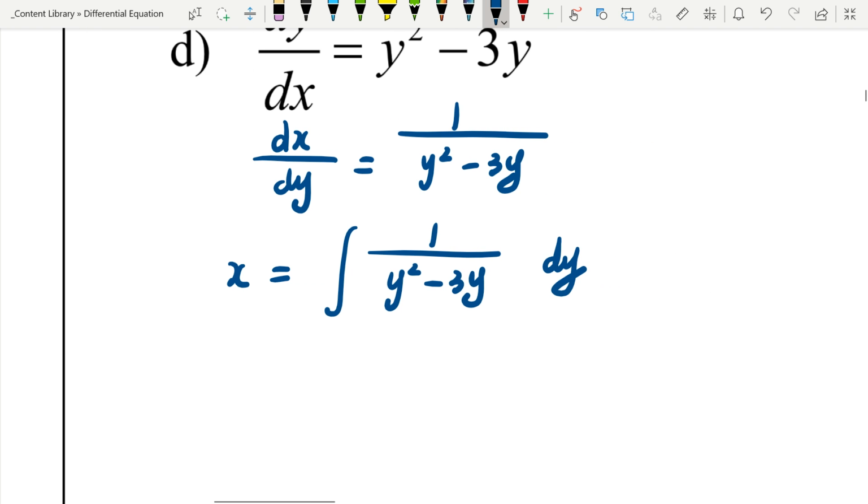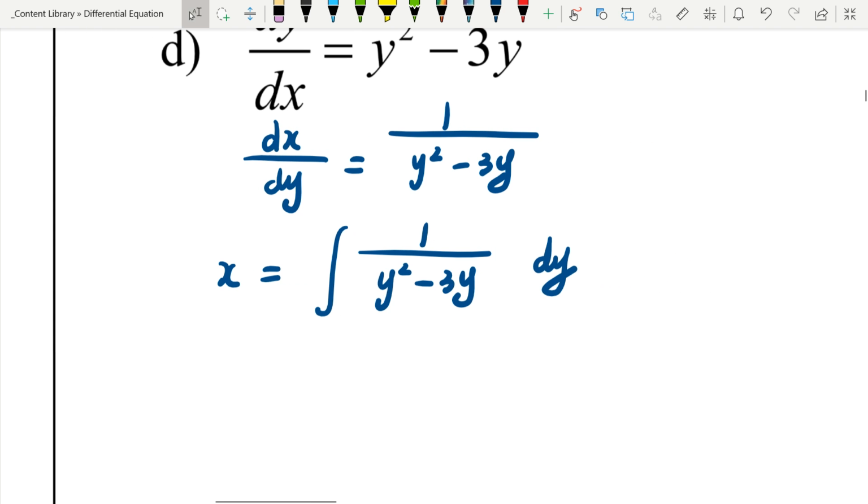Partial fractions. How do you see that it should be a partial fraction question? You can factorize the denominator, so that's a hint for you. When you see the denominator, I can easily factorize it to make y times y minus 3. That's a hint to think that it might be, or most likely is, partial fractions.